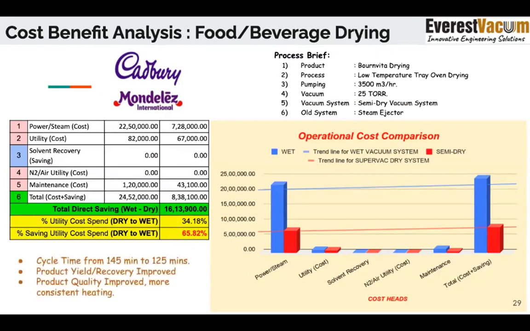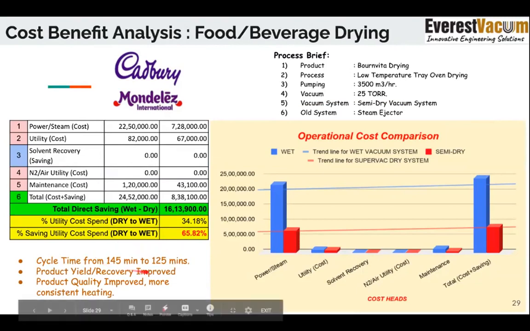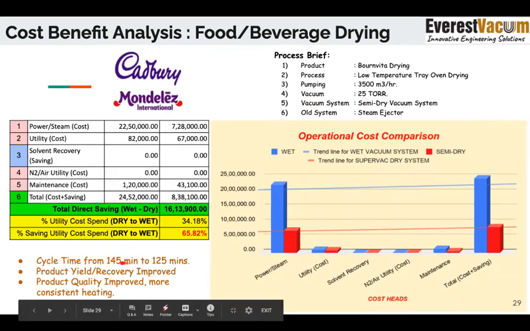The advantages that the customer will get with this modification, apart from the direct savings in utilities: he will be able to reduce his cycle time from 145 minutes, bringing it down to about 125 minutes. The customer will improve his product yield, recovery, and will also improve on the product quality.